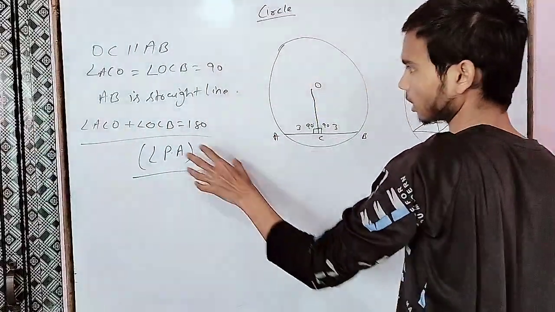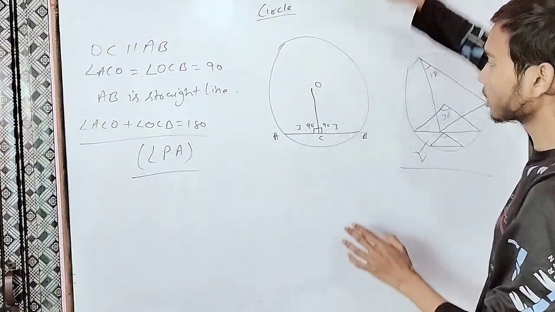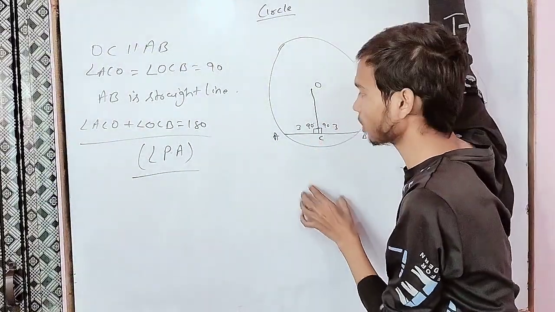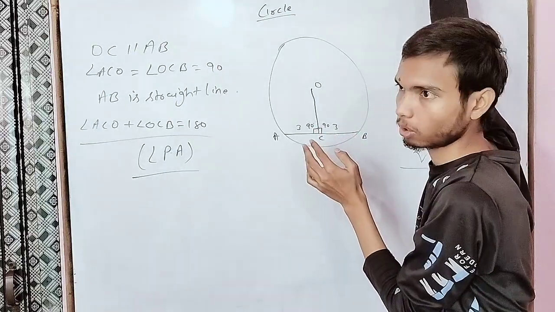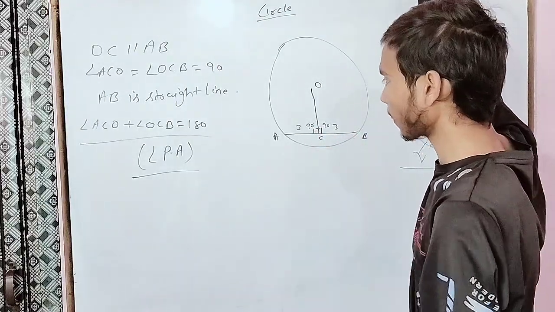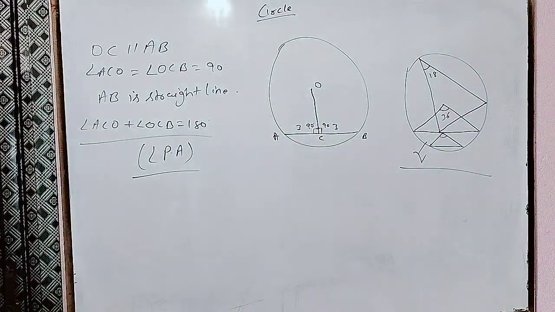Then it is known as a linear pair of angles. From here, you need to understand that when there is a perpendicular, then this side will be equal to this side, and the angle of a perpendicular is always 90 degrees. So I hope you understood something from this.